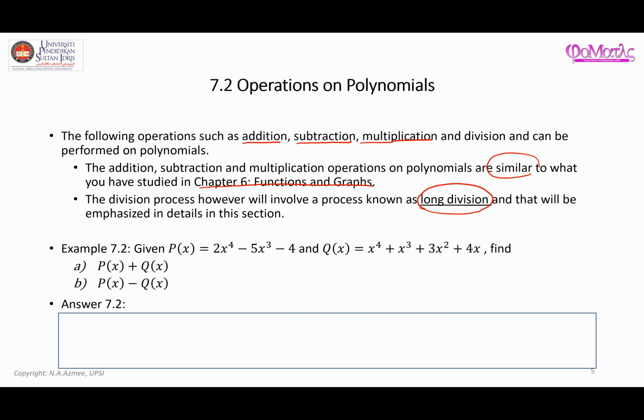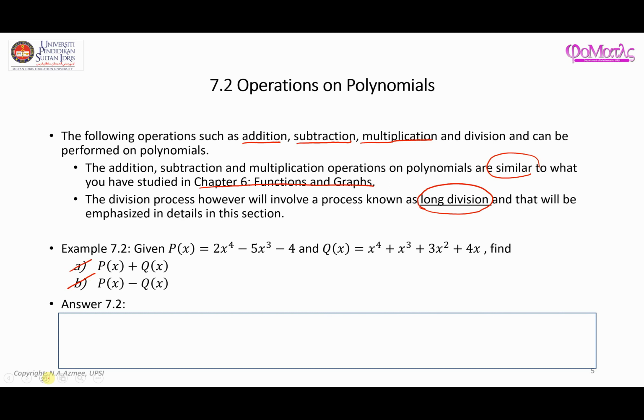So let's go on with the process of addition and subtraction. As I said earlier, subtracting or adding polynomials is similar to what you have already been doing in the previous chapters.